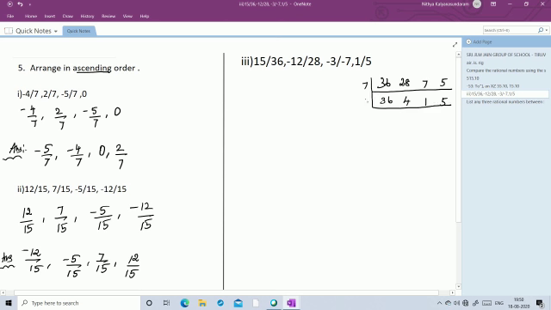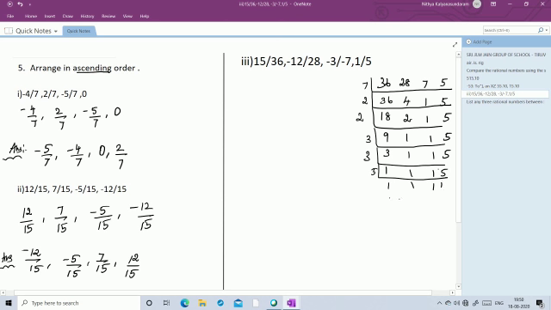Then 2 table: 36, 2 ones are 18, 28, 2 fourteens are 14, then 7 and 5. Then again 2 table: 9, 2 sevens are 14... Then 3 table: 3 threes are 9, then 1, 1, 5. Then 5 table, then 1, 1, 1, 1.